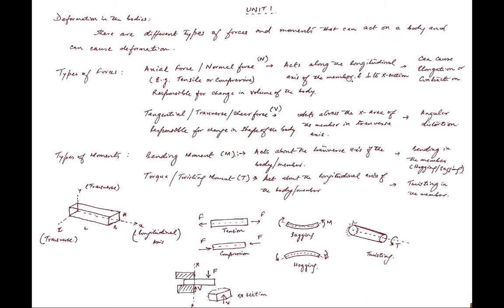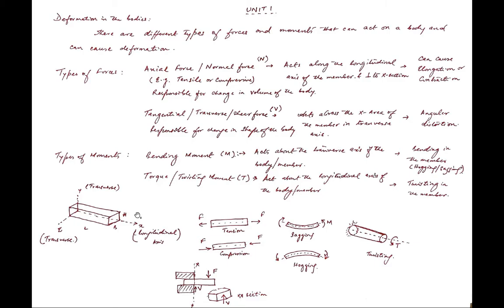Okay, so it acts along the longitudinal axis of the member and perpendicular to the cross section of the body. The cross section will be b into h, and the length will be this. So normal force will always apply perpendicular to the cross section and along the longitudinal axis of the body. Clear? How will it deform?